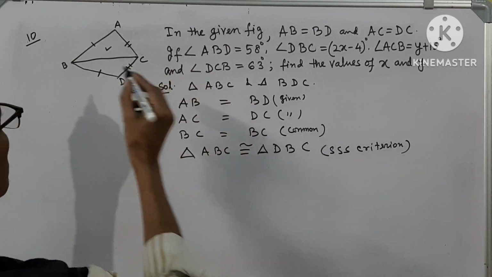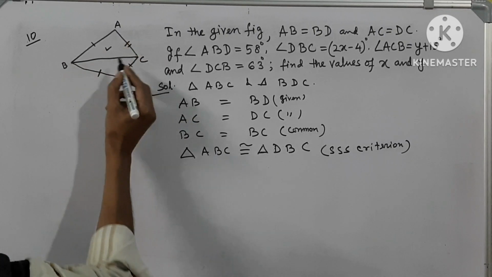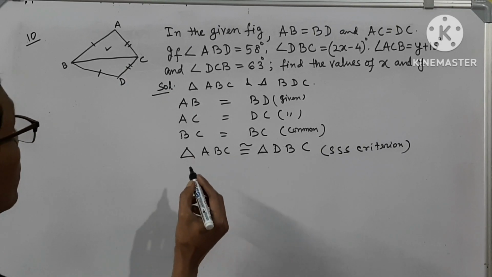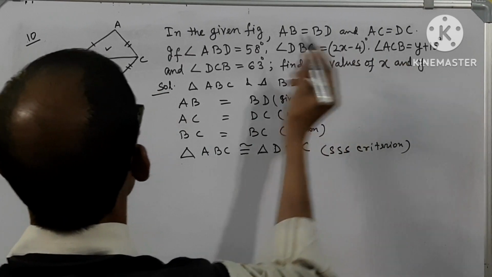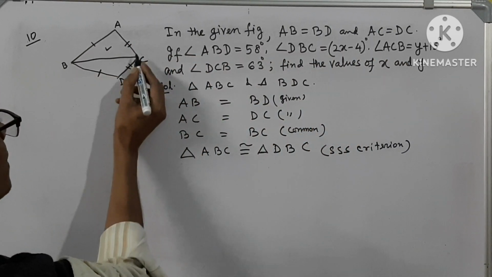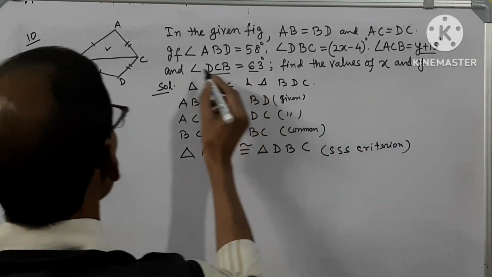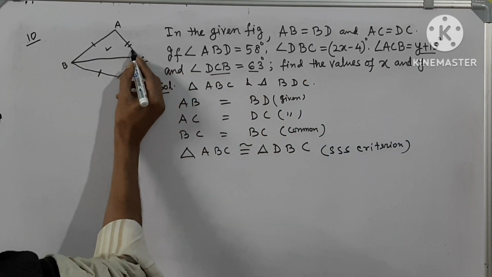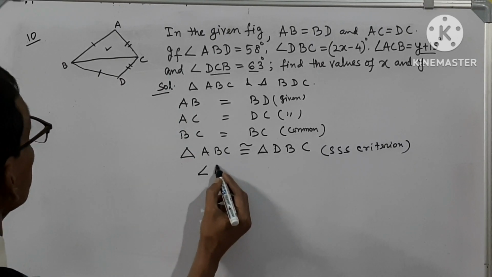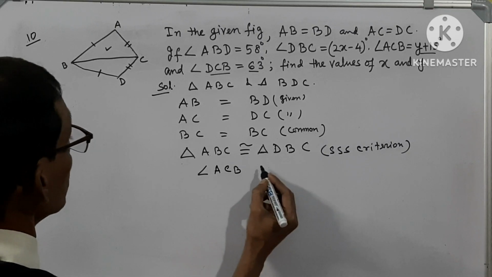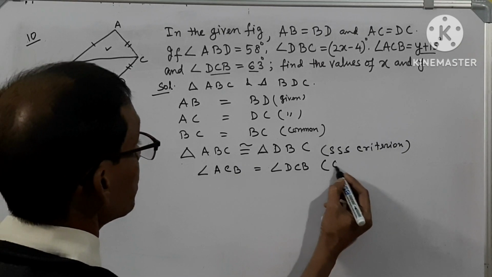Now we have to see, angle DBC is given. So angle ABC and angle DBC will be equal. And angle ACB and DCB are equal. See, ACB is given and DCB is given. Angle ACB will be equal to angle DCB, by CPCTC.